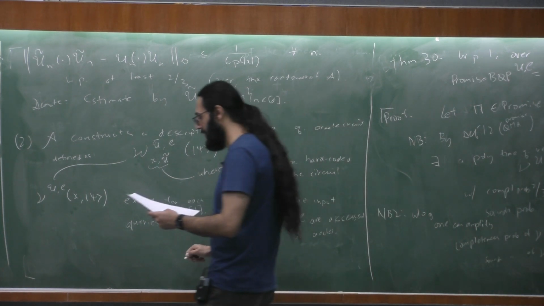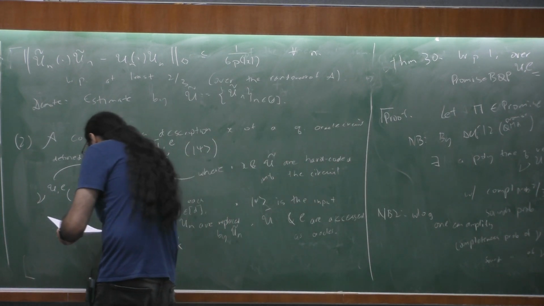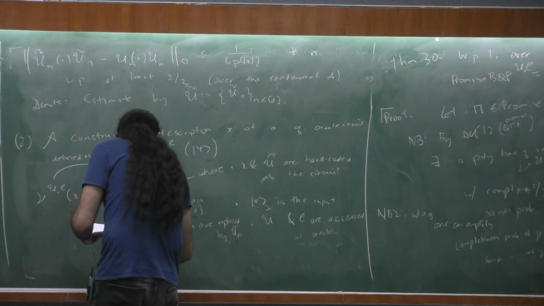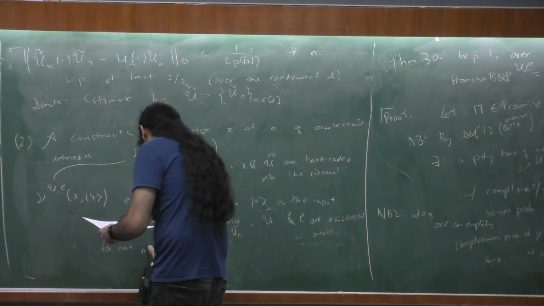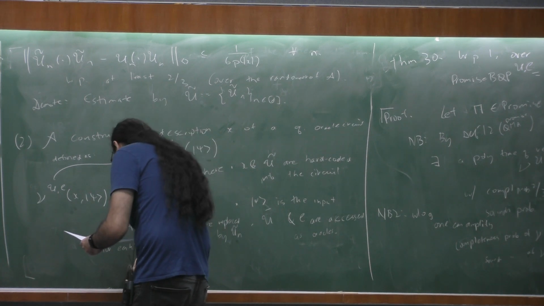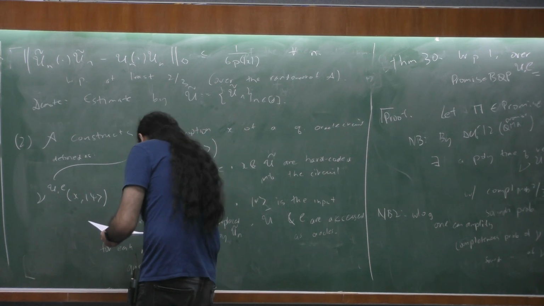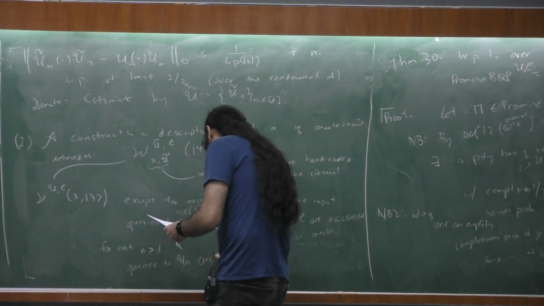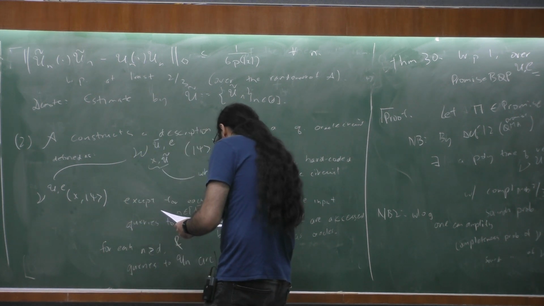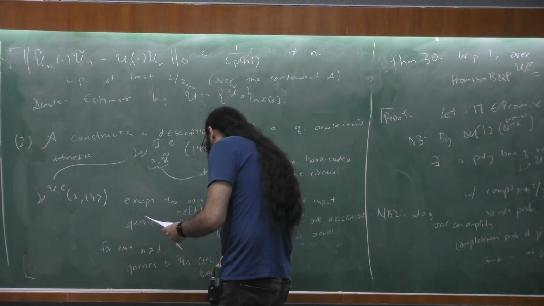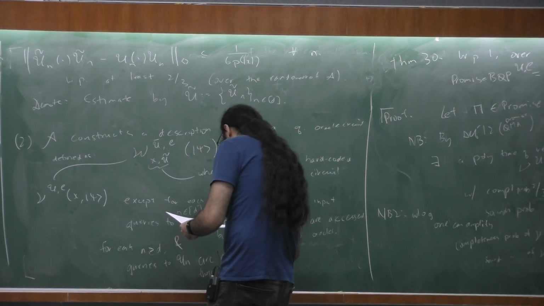Okay. And for each n greater than D, queries to U_n are replaced by those to U bar n.